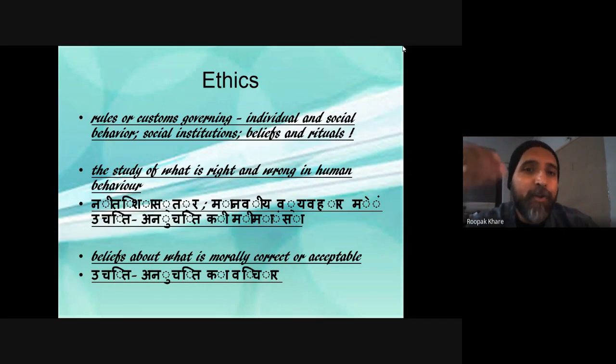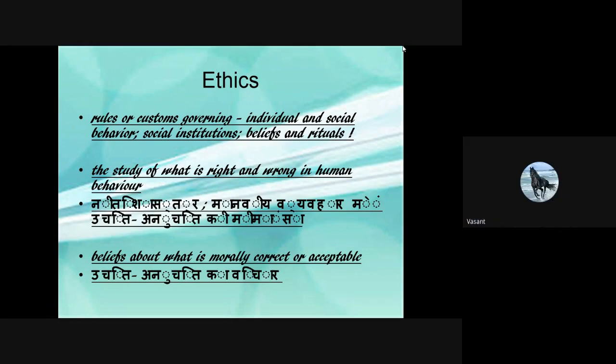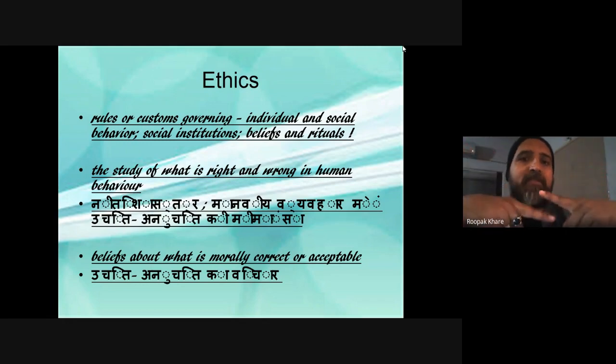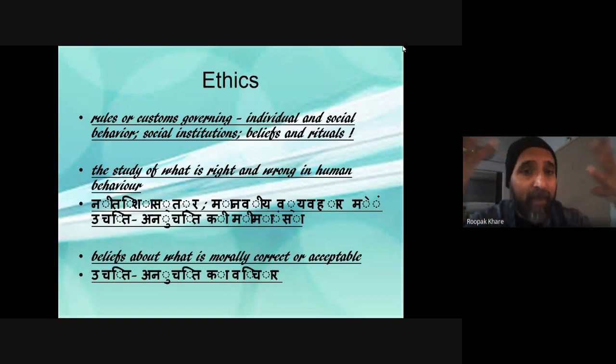Things that we value as high or low, they all constitute the ethics system. Am I on the right track? Do we all agree? Yeah, sure, sir. Thank you. Right. So there are certain rules and customs that govern people's life, individuals and society, and their behavior and their institutions and beliefs and rituals. They are called ethics. Right.